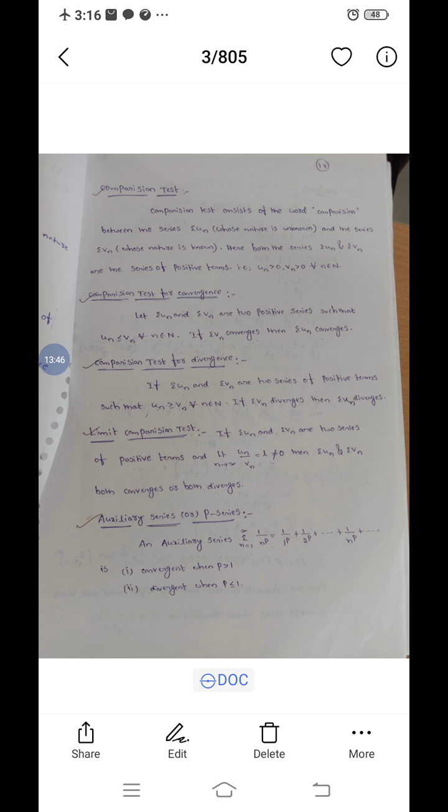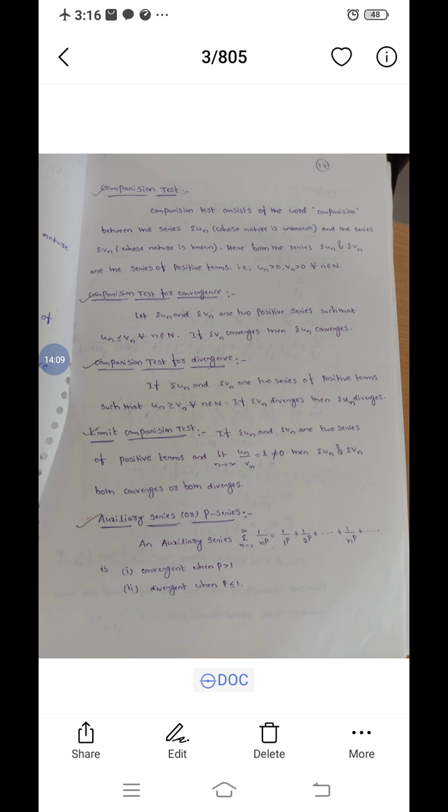Okay, so this is about the limit comparison test, and moreover these tests are applicable only to series of positive terms. So first we are going to discuss only series of positive terms. Series of positive terms means every term of the series is positive, that is, greater than 0.